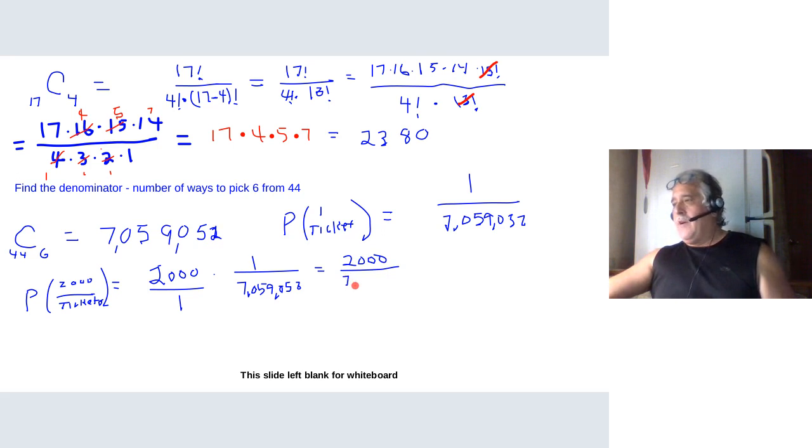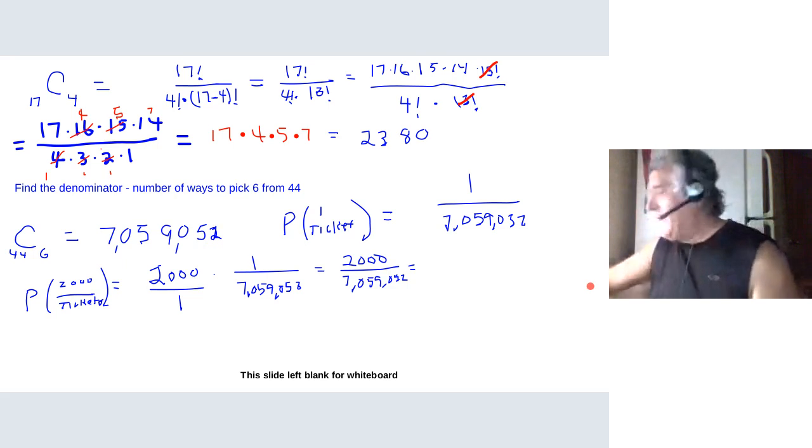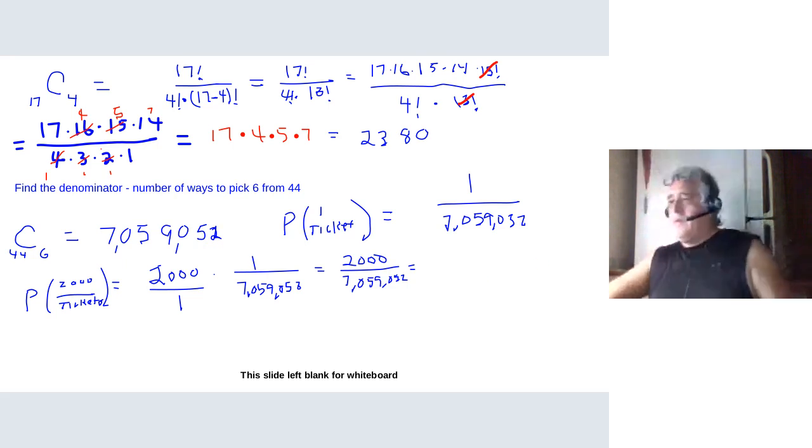Now, the one that you had from the PowerPoint, Holly, that one comes out nicer because the numbers are smaller. These are going to be incredibly small values, so I'm going to approximate these as decimals.